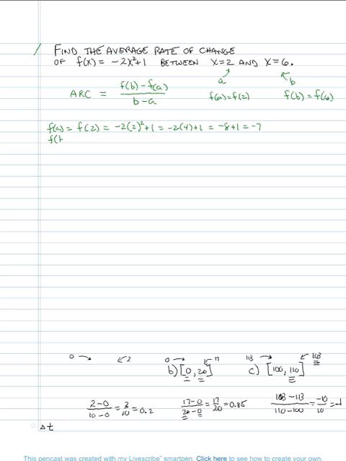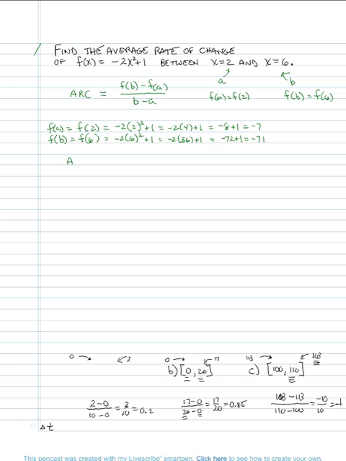Okay, the f of b value then is f of 6. And so that's negative 2 times 6 squared plus 1. That's negative 2 times 36 plus 1. And that's negative 72 plus 1, which is what? Negative 71.